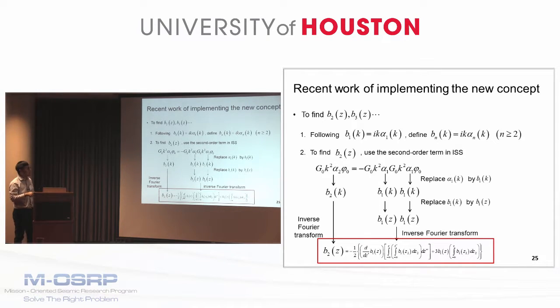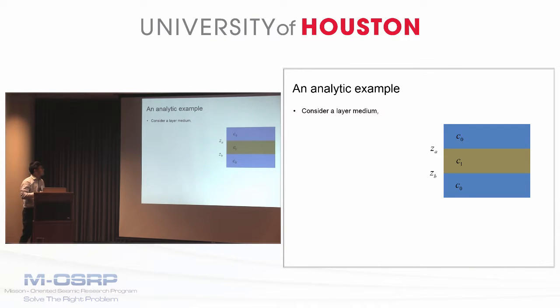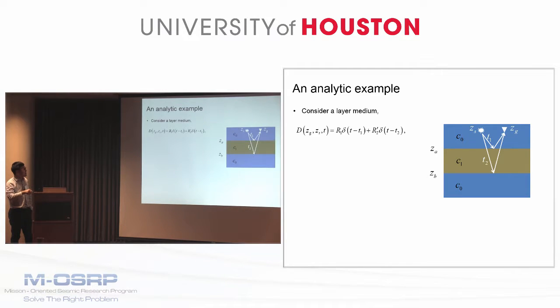So next, I will show you an analytic example to explain and understand, within the context of imaging and inversion, what this term computes. So again, consider a layered medium that we considered earlier. And we have data due to a normal incident plane wave.